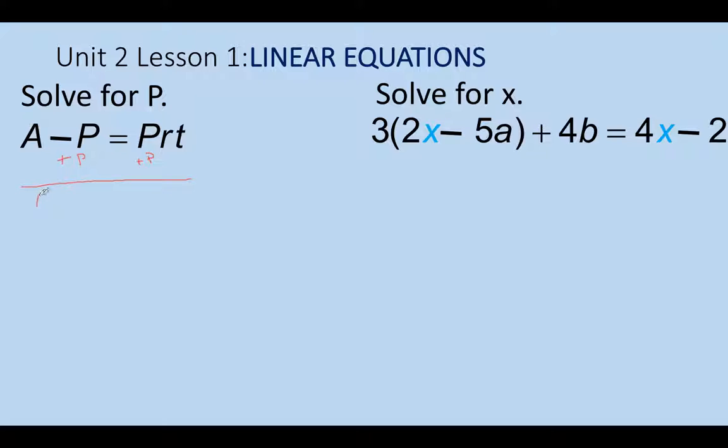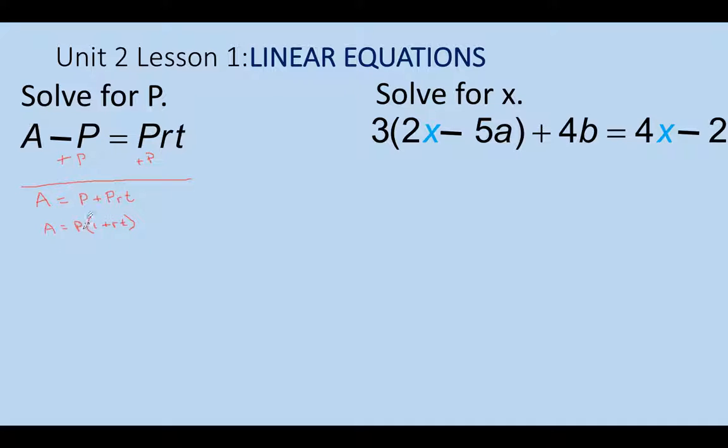And I'll wind up with a equals p plus prt. And here's kind of a neat step. I'm going to factor out a p from each one of these terms. So that'll leave me with p times 1 plus rt.